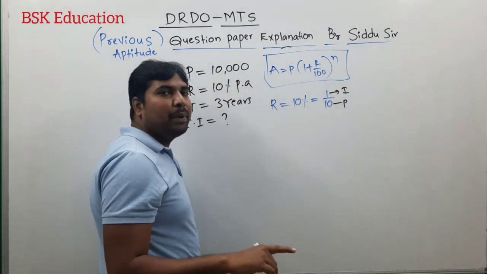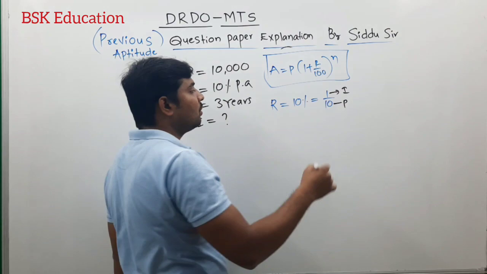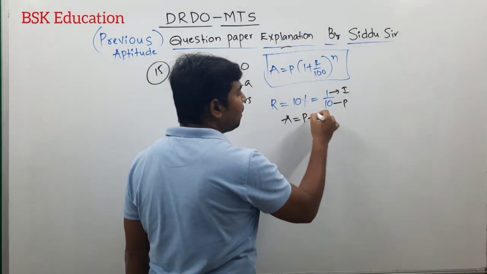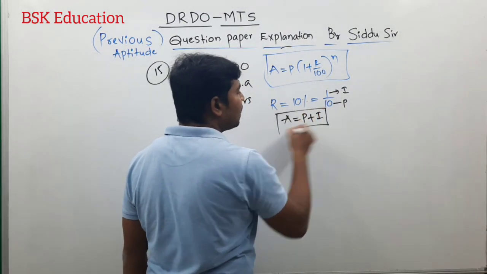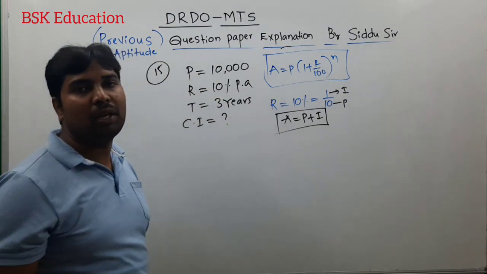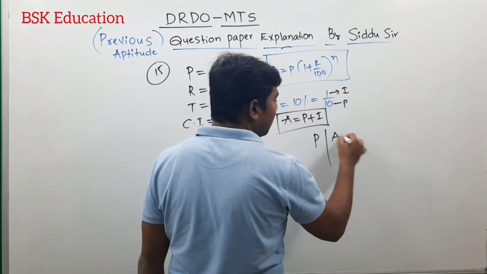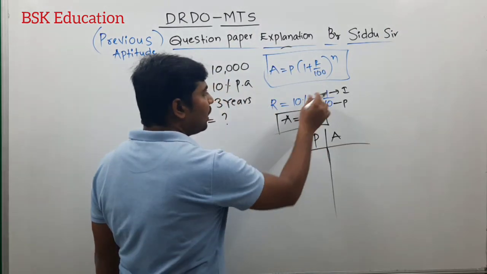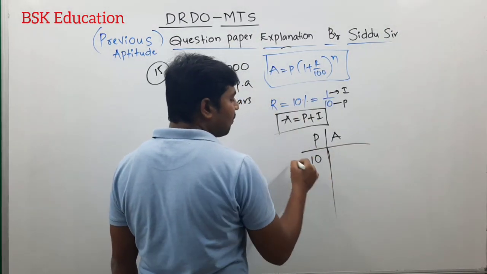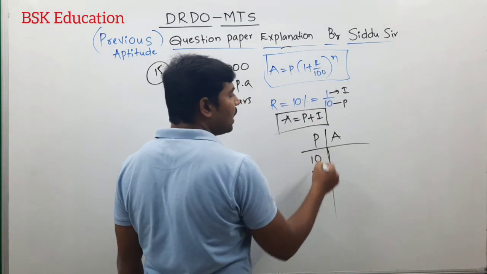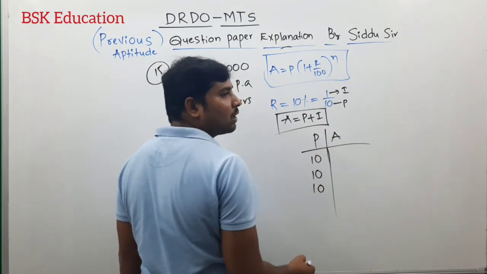Always you have to take the principal amount and amount too. Amount is nothing but P plus I. The sum of the principal amount and interest is nothing but the total amount. So guys, P and A. So here principal amount is 10 for 1 year, principal amount is 10 for 2 years, principal amount is 10 for 3 years.